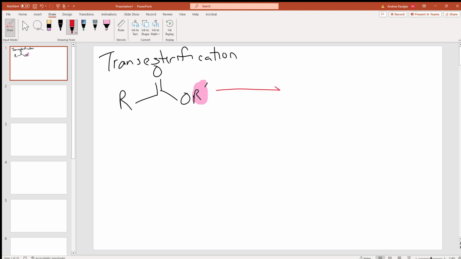Typically, this reaction is done using whatever new alcohol we'd like to have as the R group, and then using an acid catalyst. And as a result, we can place a different R group on our ester.